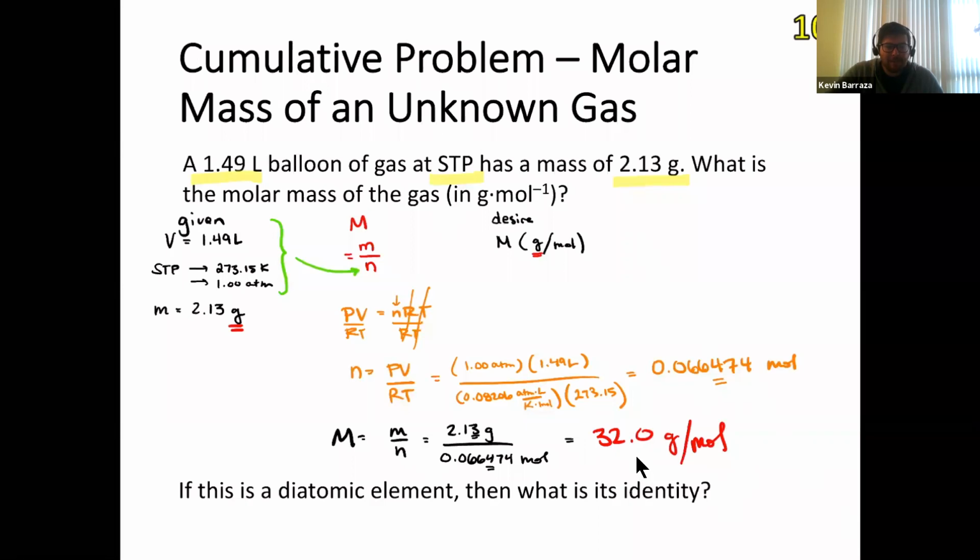And now, kind of a bonus question: if this is a diatomic element, then what is its identity? So it's one of the diatomic 7. So that means 2 particles, 32.0.